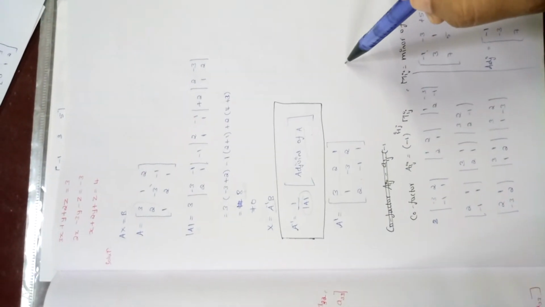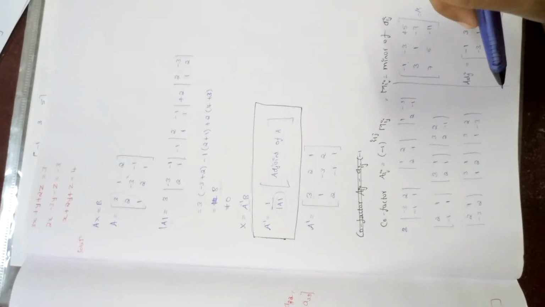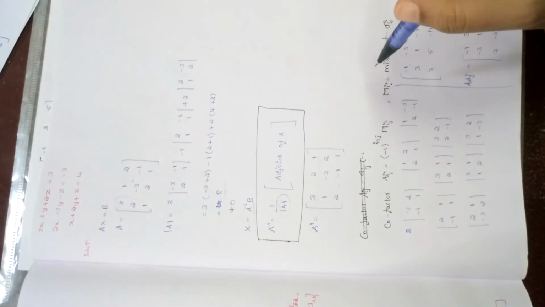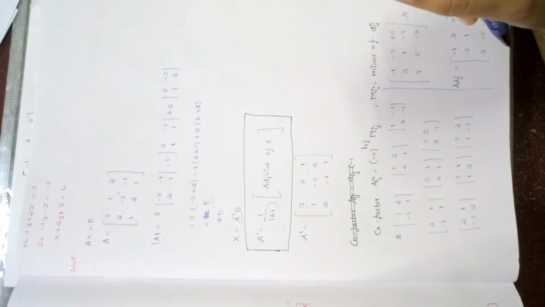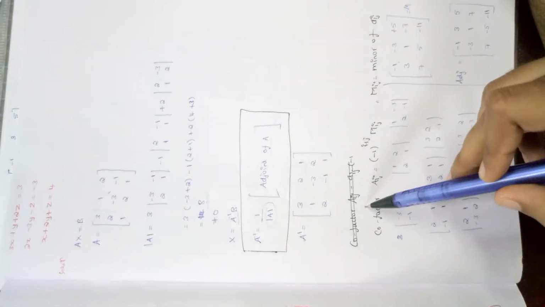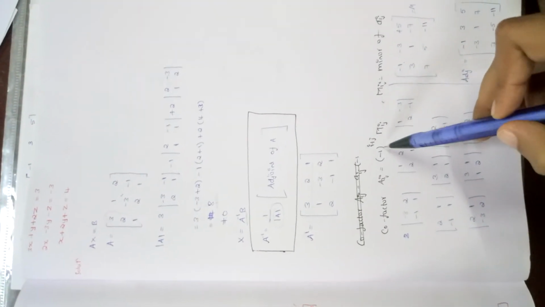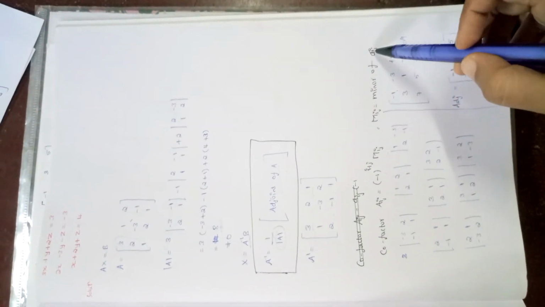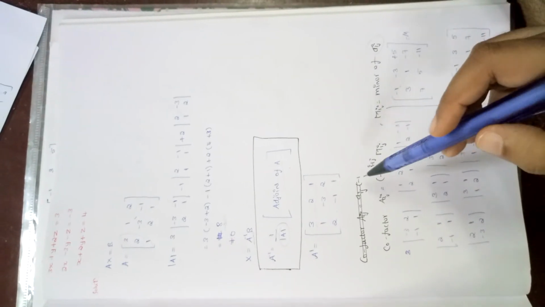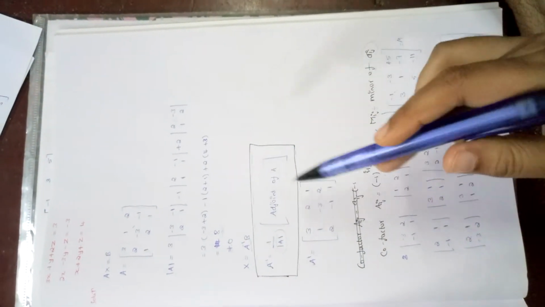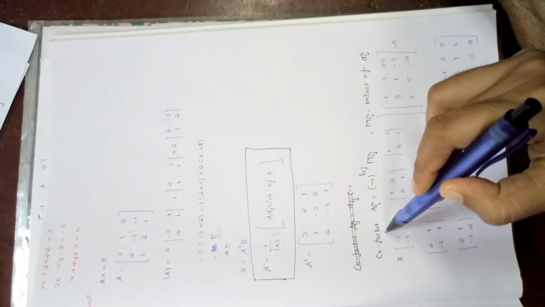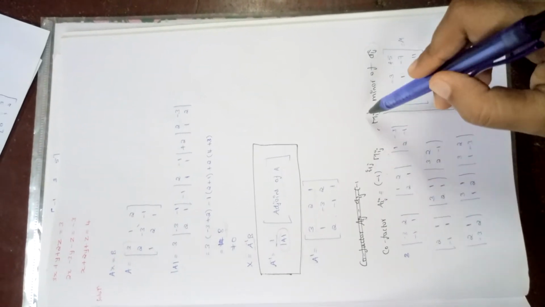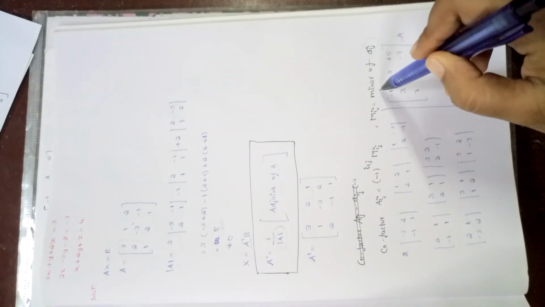Now to find the adjoint of A, we need to find cofactors. The cofactor Aij is equal to minus 1 power i plus j into Mij, where Mij is the minor of Aij. So to find the adjoint of A, we need to find the cofactors of Aij, and to find the cofactors we need to find the minor of Aij.